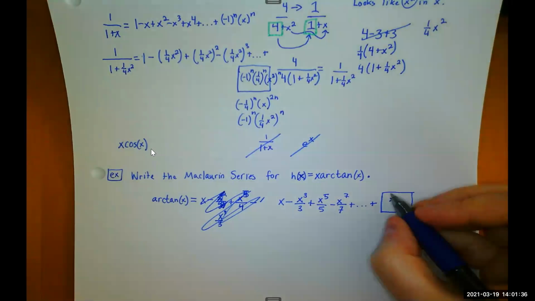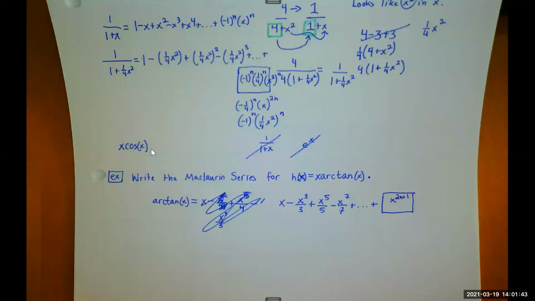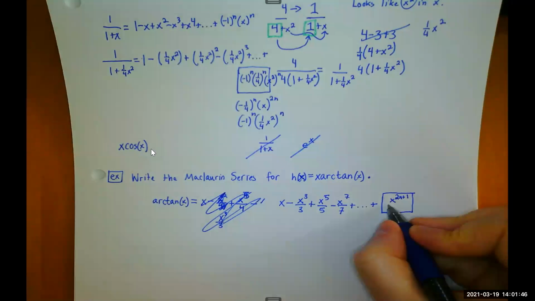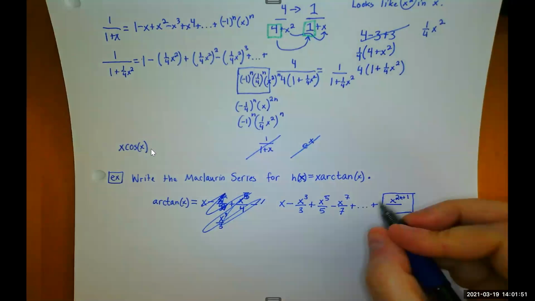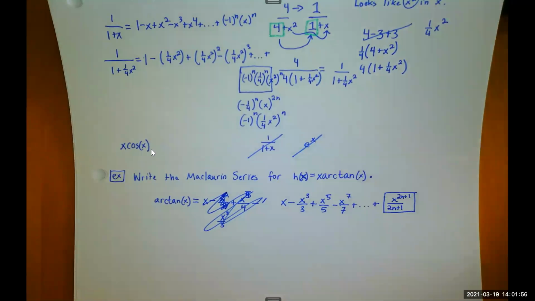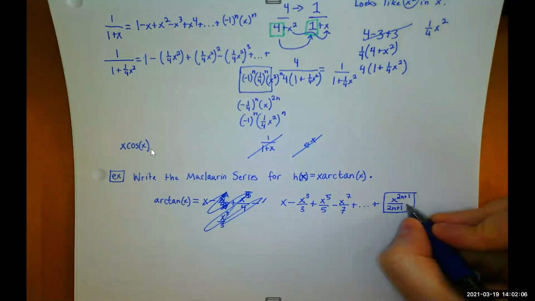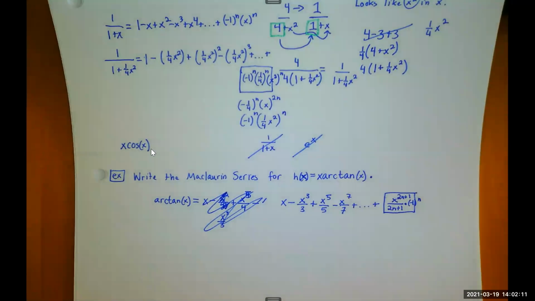The power of x can be written as 2n plus 1. You have a denominator, yes? Is your denominator also 2n plus 1? Do we need a -1? Yes, you better have a -1. -1 to the nth power, please. Okay.